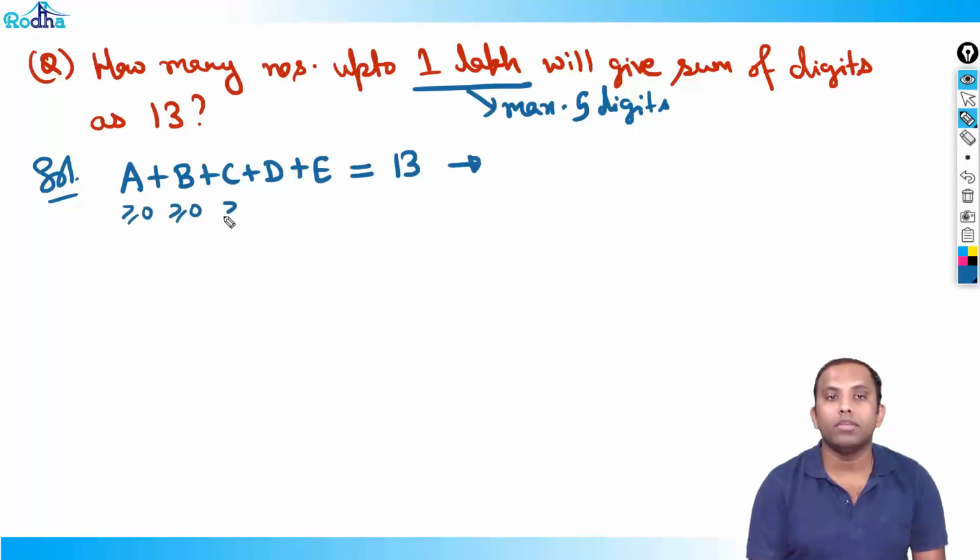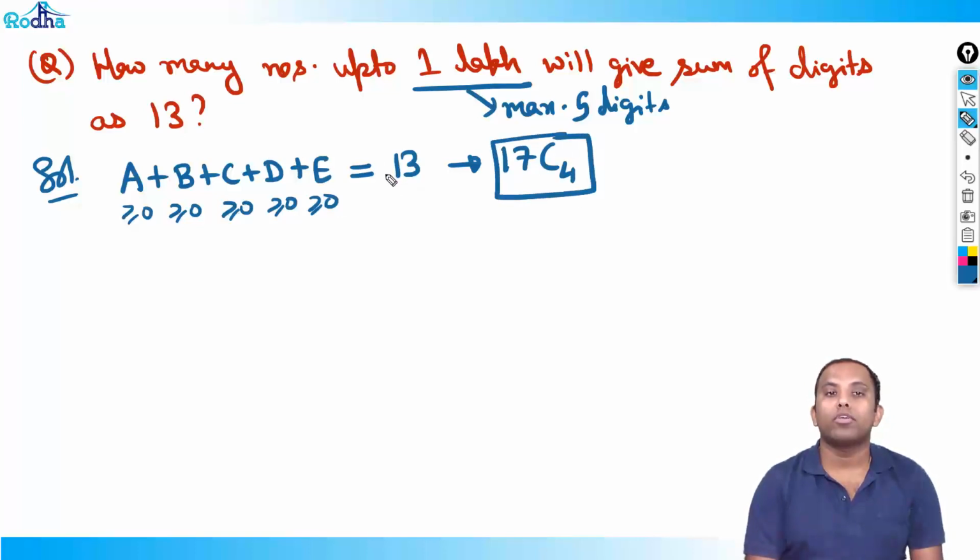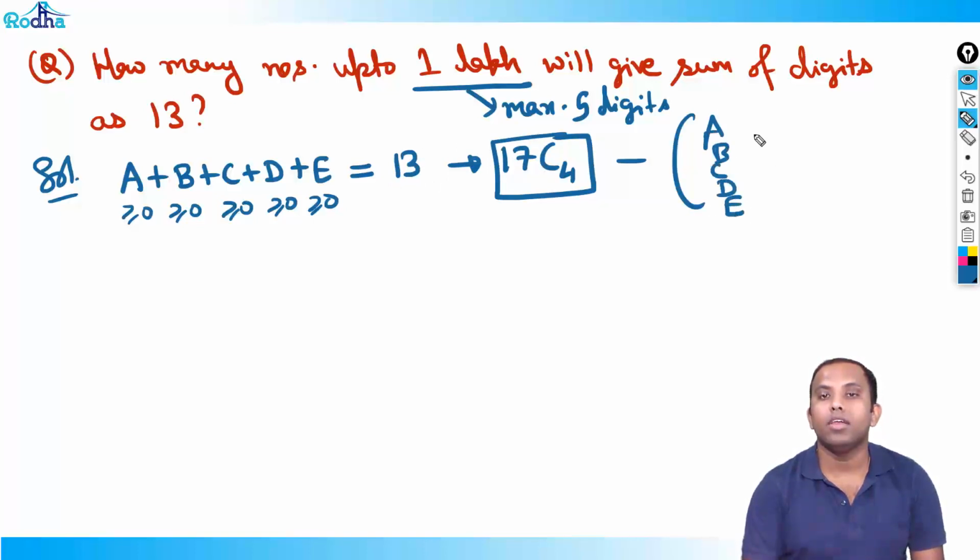So obviously 13 plus 4, 17C4. So the total number of solutions is 17C4. But obviously this includes the cases where a, b, c, d, e are greater than or equal to 10.